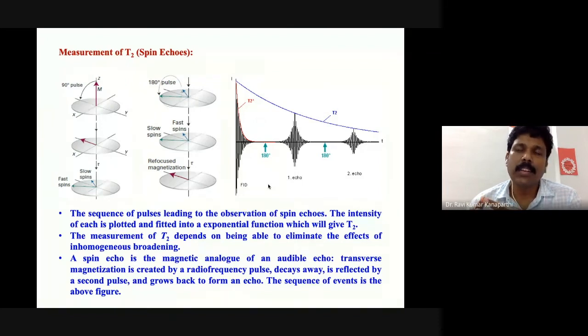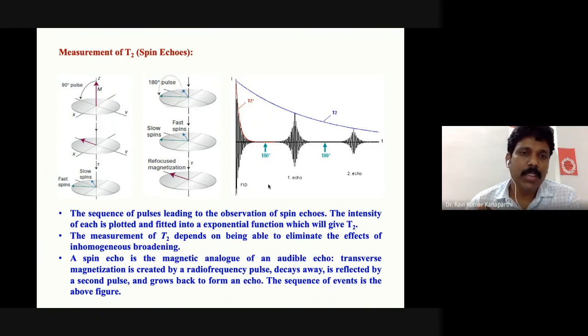So local magnetic fields are slightly different from the actual applied magnetic field. This leads to the transverse relaxation process, and this relaxation time constant can be measured by spin echoes from these individual spins.